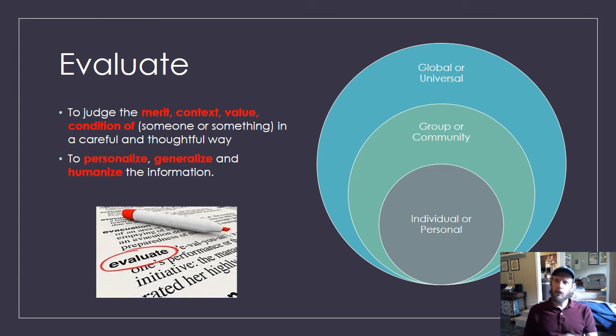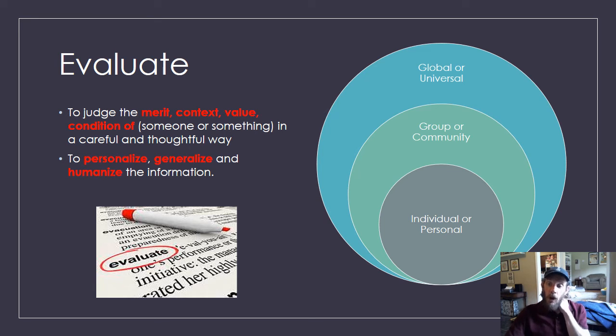All right. But evaluation asks, and I don't believe that we have this question written here, what does it imply? Why does that flag make us feel what we feel? And right, there's the personal or individual. This is my experience.